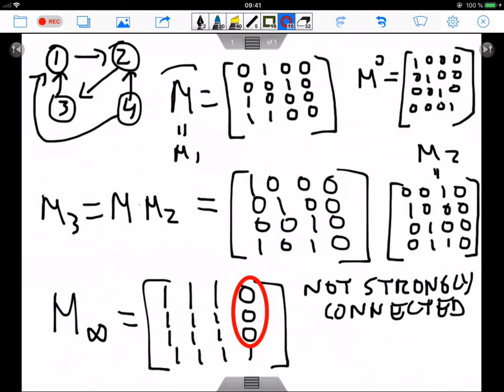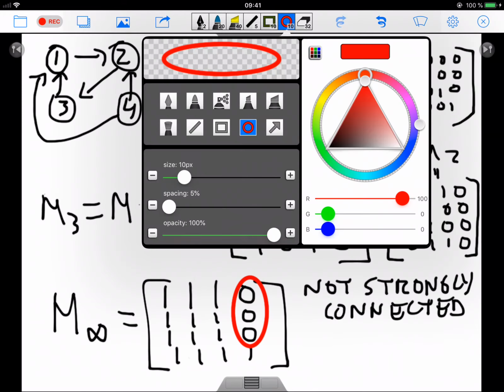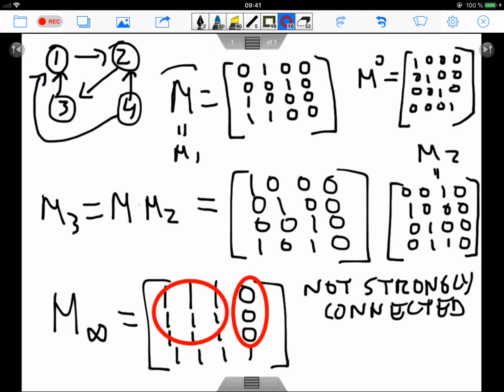So what the matrix is telling us is that the graph is not strongly connected, but it's also telling us that we have here a strongly connected component, because here we have a submatrix that is completely formed by ones. If the vertex 4 were not in the graph, then the graph would be strongly connected.